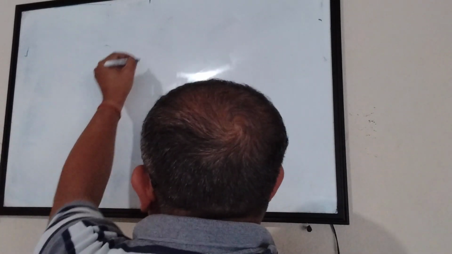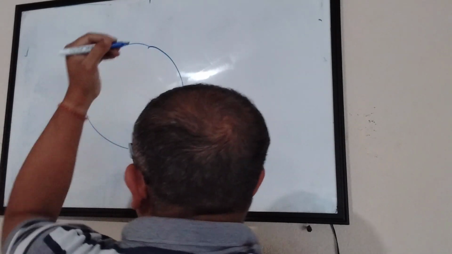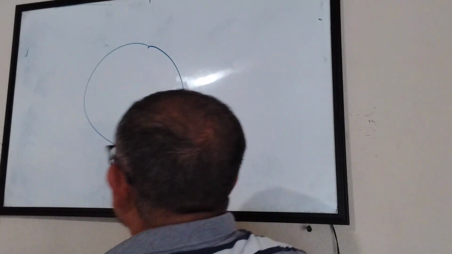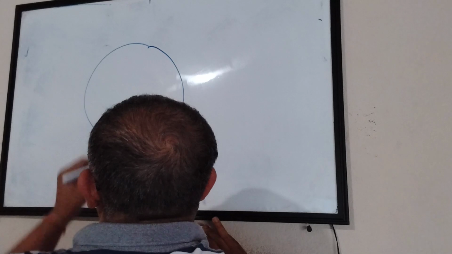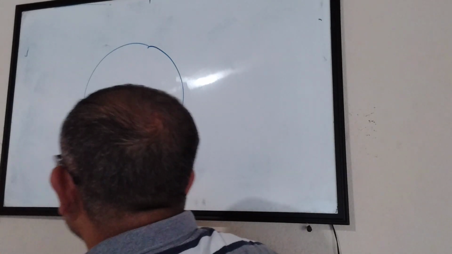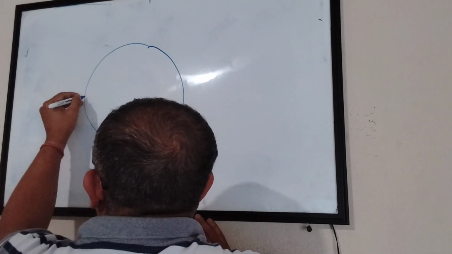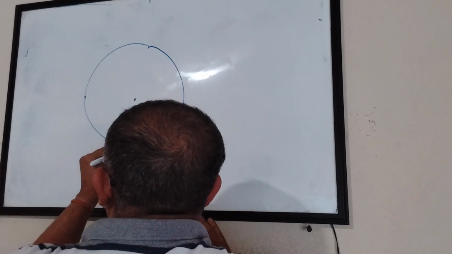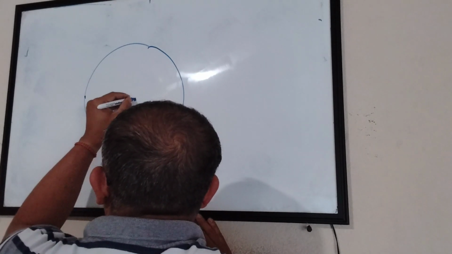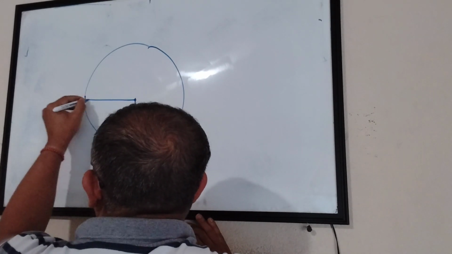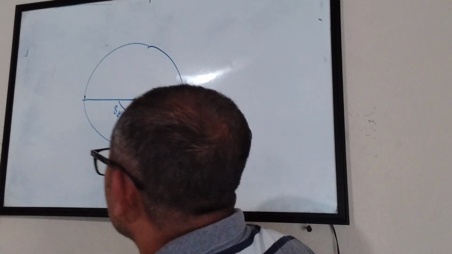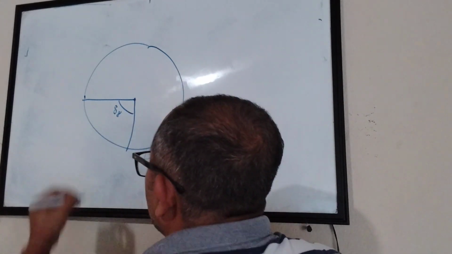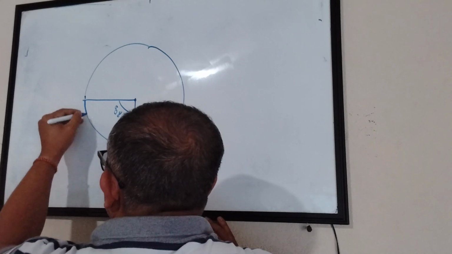Now, let me flip the question. Now, I have a circle. I have 2 points, which are making 80 degrees. Find out the length of the arc.